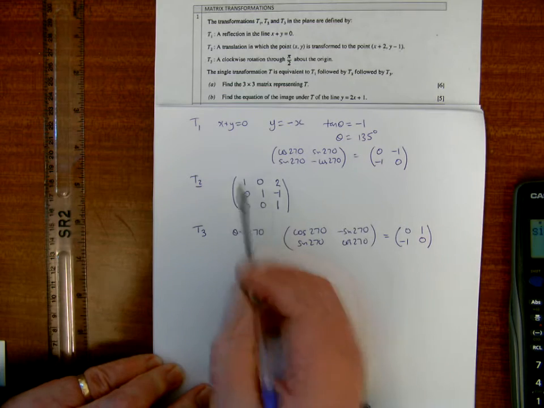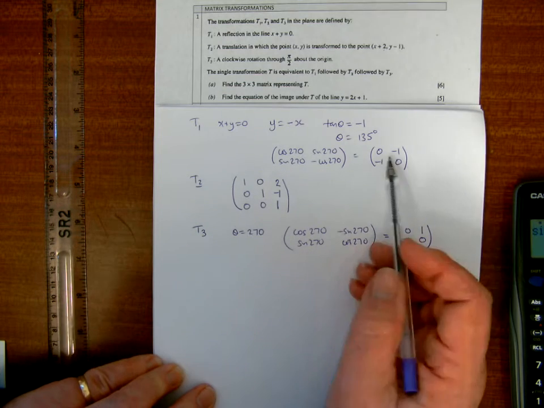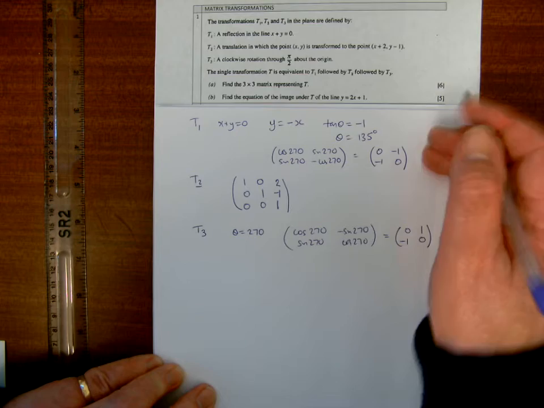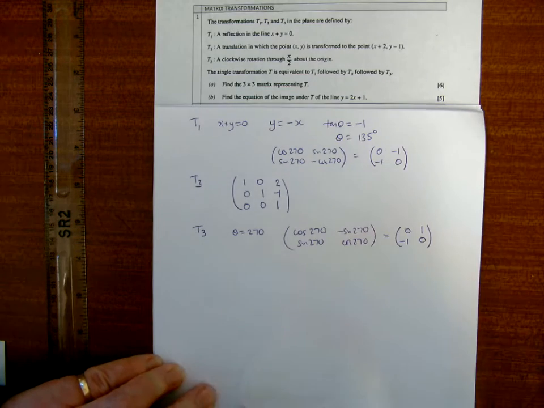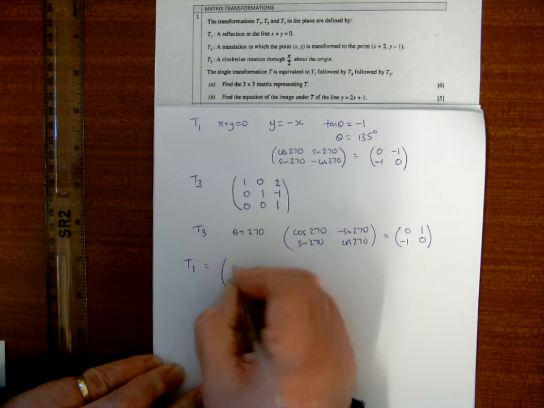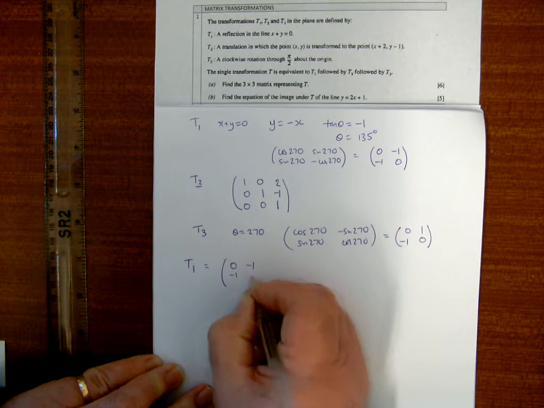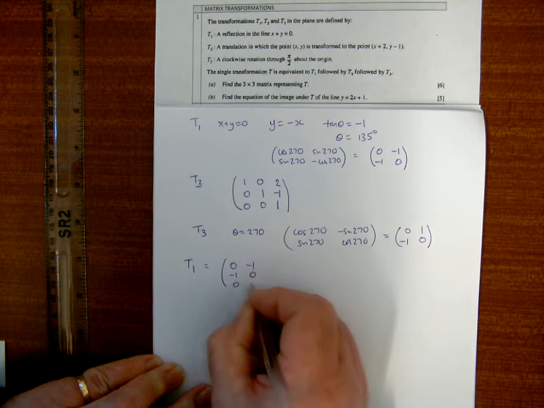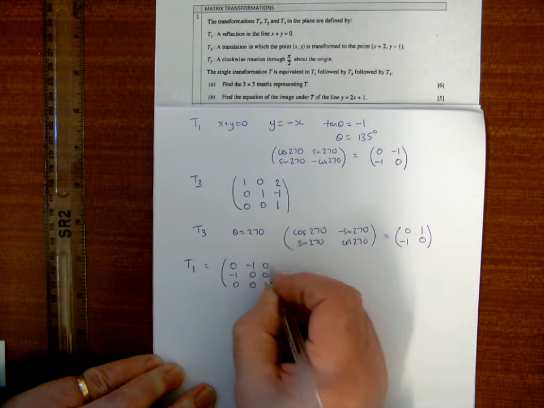Because I've got this translation matrix here, 3 by 3, all these matrices now have to become 3 by 3. So rewriting these out, T1 will be 0, -1, -1, 0, and I surround this with 0, 0, 1, 0, 0.